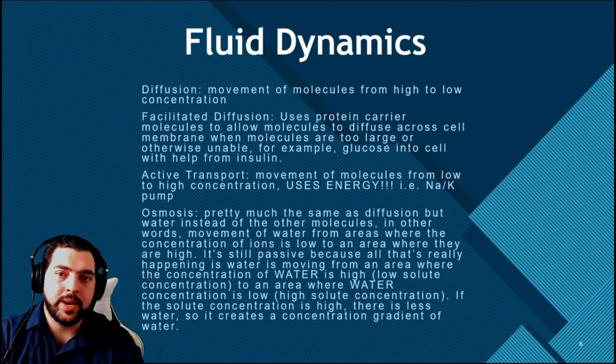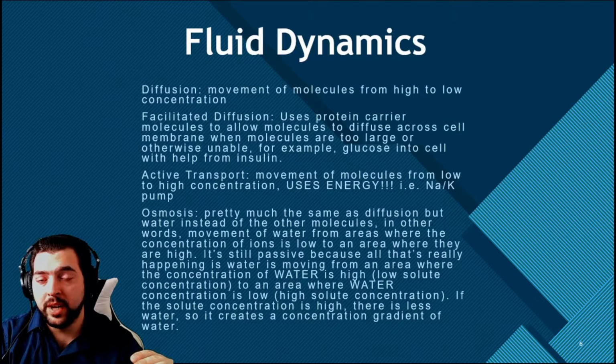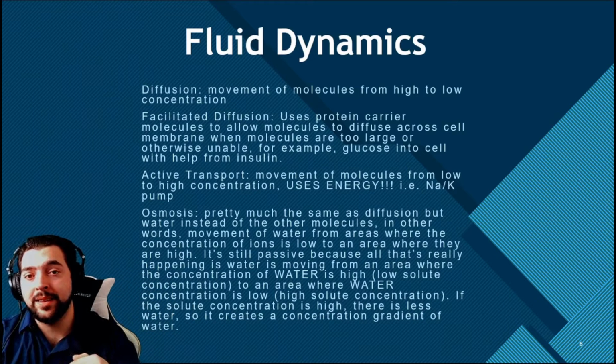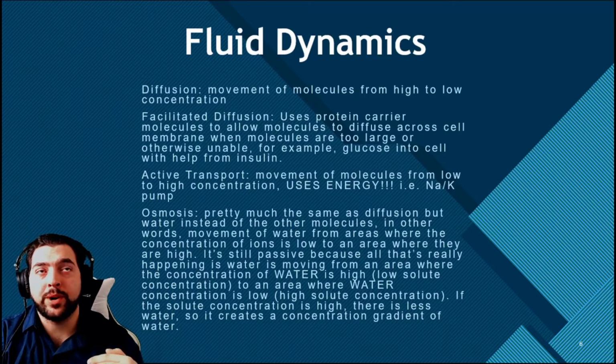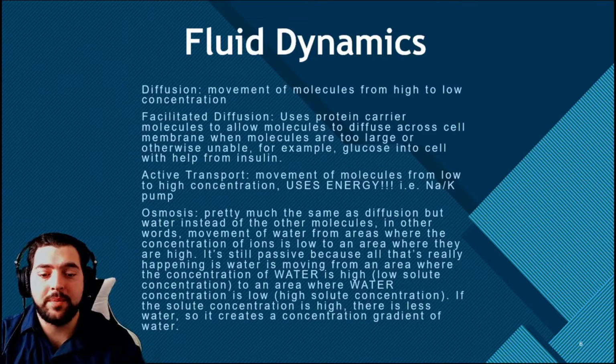So water will move from an area of a low concentration of ions, because that's a high concentration of water, to an area of a high concentration of ions, because it's a low concentration of water. It's still moving downhill. It's just we're talking about the concentration of water here, not the concentration of ions. I hope that makes sense. We're moving on.